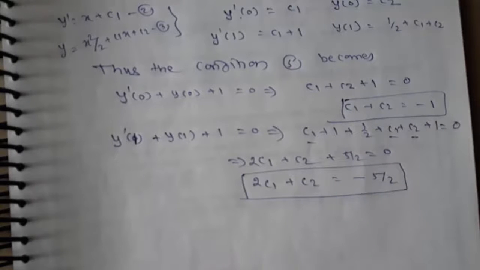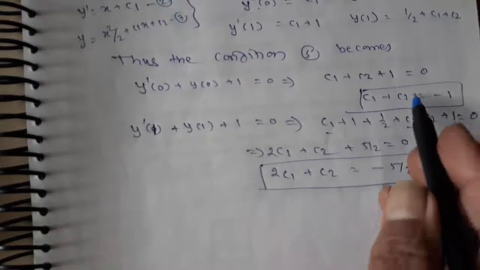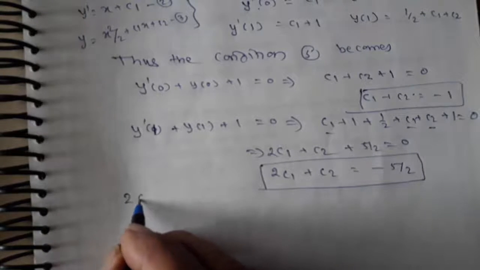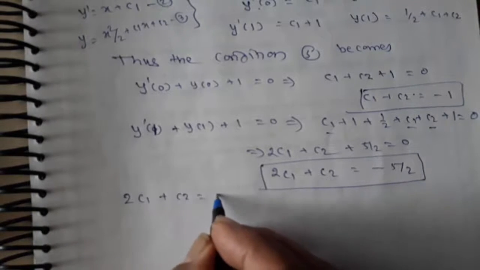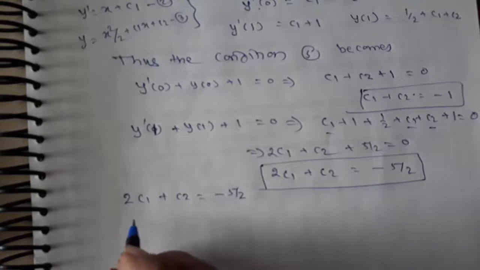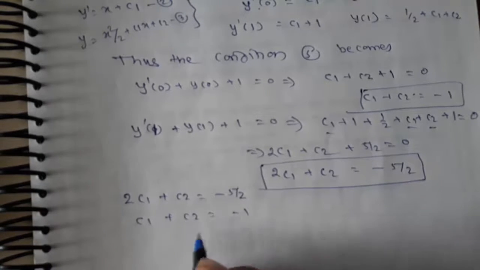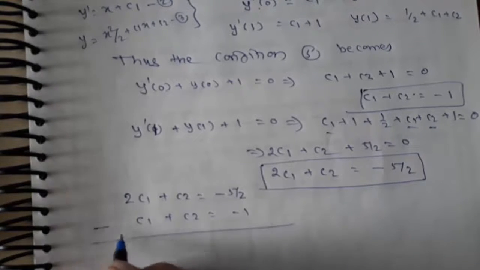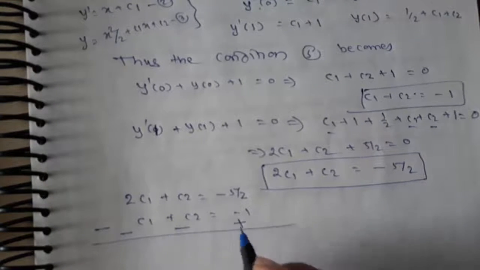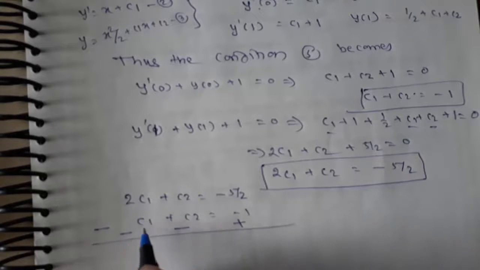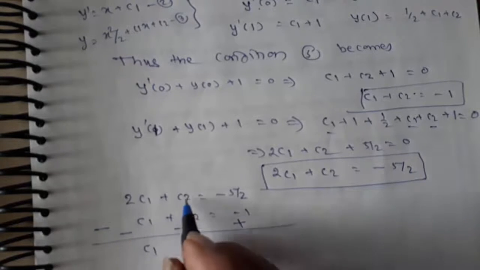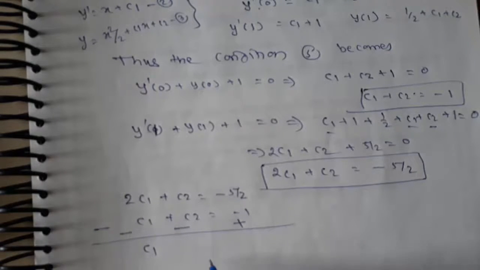Solving these two equations for c1 and c2, we shall subtract. We have 2c1 plus c2 equal to minus 5/2 and c1 plus c2 equal to minus 1. Subtracting, we get 2c1 minus c1, that is c1; c2 minus c2 cancels; and minus 5/2 plus 1 equal to minus 3/2.